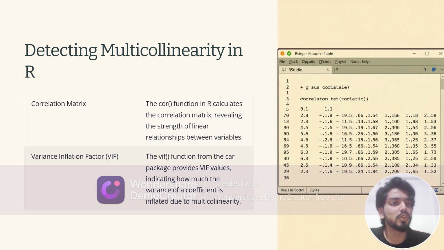So to calculate the correlation matrix between two variables, we use the cor function. Variance inflation factor, VIF: the vif function from the car package provides VIF values indicating how much the variance of a coefficient is inflated due to multicollinearity.